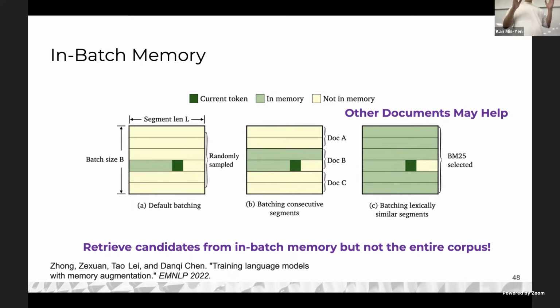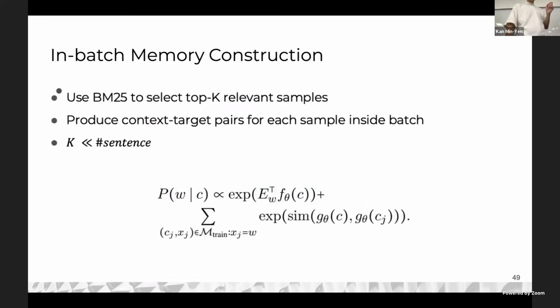And they hope other documents or other samples may help, as they may have some candidate answers to the current tokens. So here the memory is not constructed from the entire training corpus, but from the current batch. So they retrieve candidates from in-batch memory, but not the entire corpus.